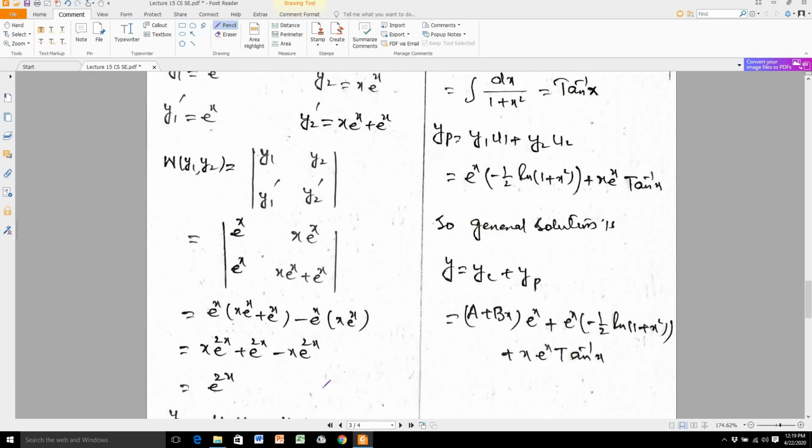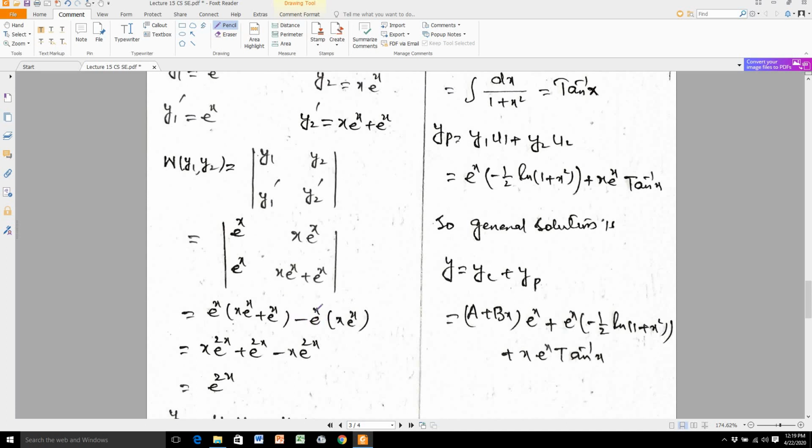So now you open the determinant: multiply the main diagonal elements, then put the operation sign, and then multiply the secondary diagonal elements. Here you see e raised to the power x into x e raised to the power x plus e raised to the power x, minus, e raised to the power x multiplied by x into e raised to the power x.